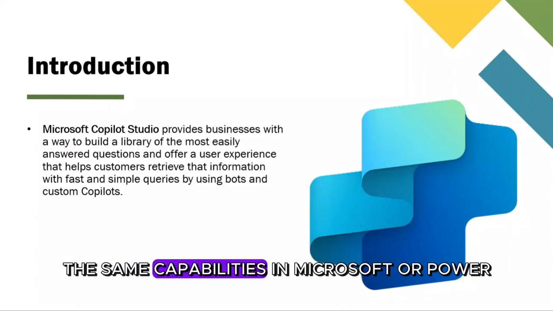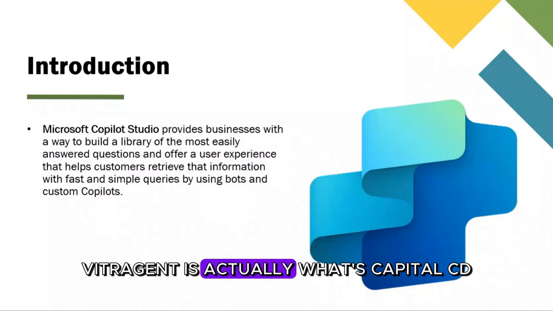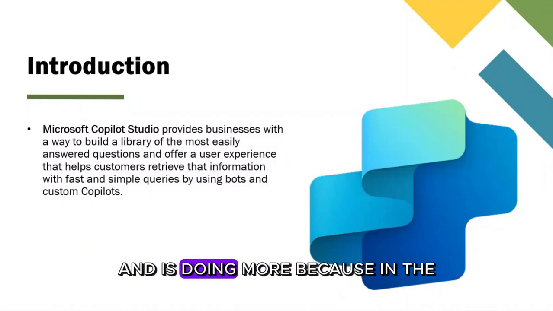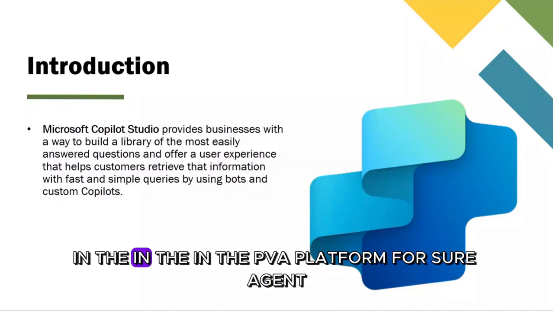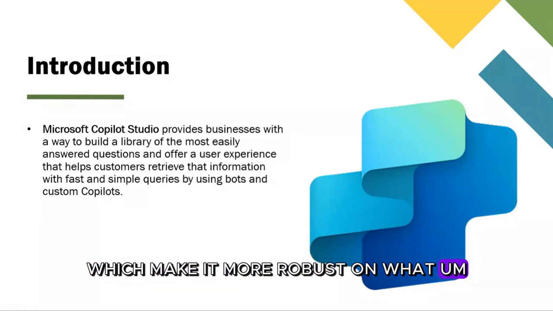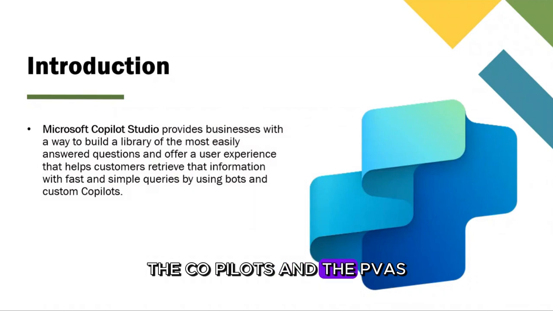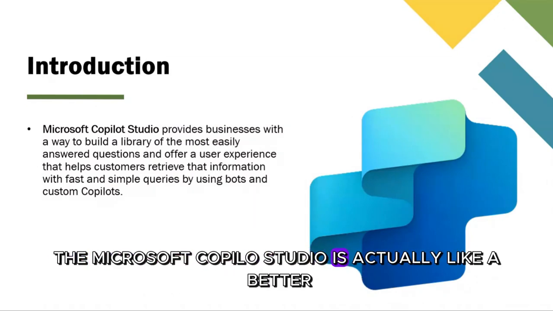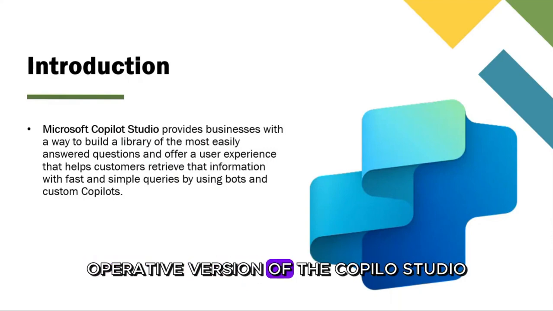The same capabilities in Microsoft Power Virtual Agent are what Copilot Studio is doing, and it does more, because in the PVA, Microsoft added the generative AI feature to it, which makes it more robust than what the PVA was. Because of that, Microsoft Copilot Studio is like a better upgraded version of the PVA.